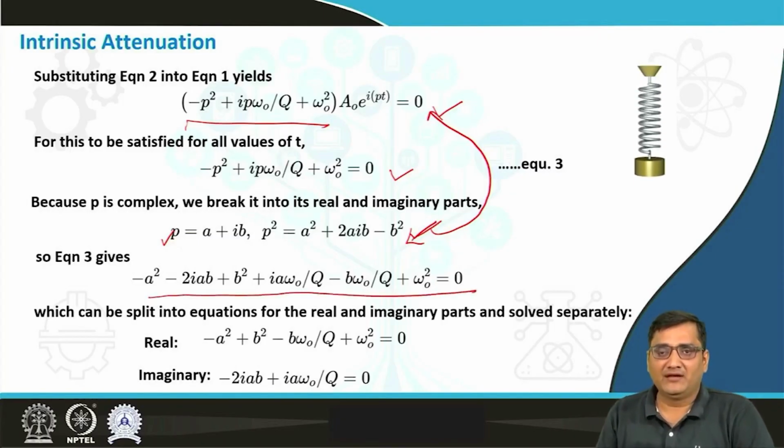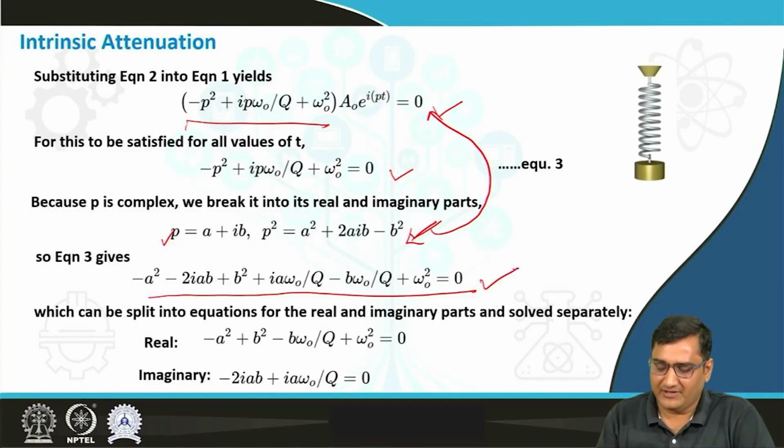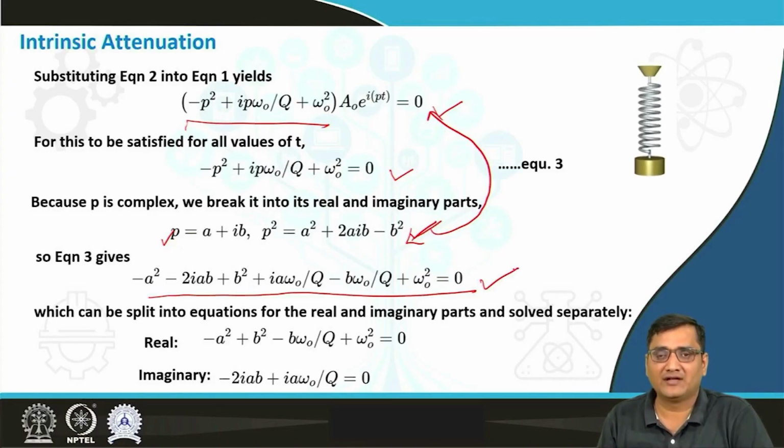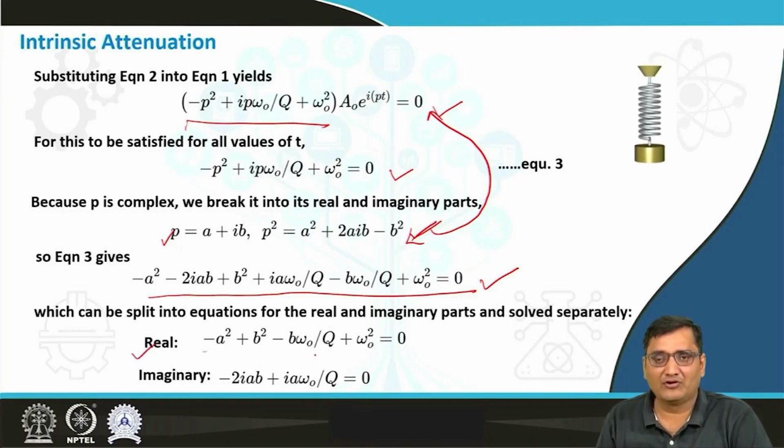If we separate the real and imaginary parts of this expression, we have to equate the real and imaginary parts individually to 0, so that we can have the solution of this equation. So the real part is a minus a square plus b square minus b omega naught by Q plus omega naught square, that will be equal to 0.